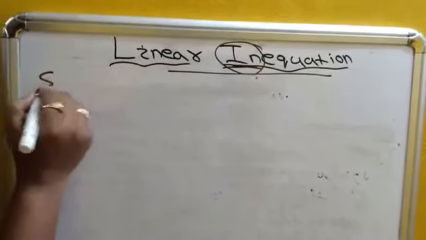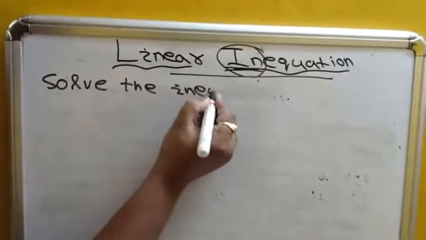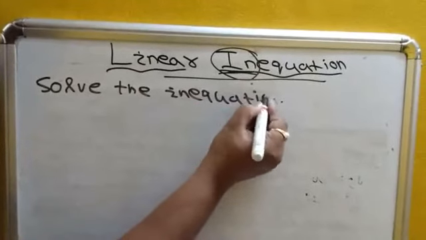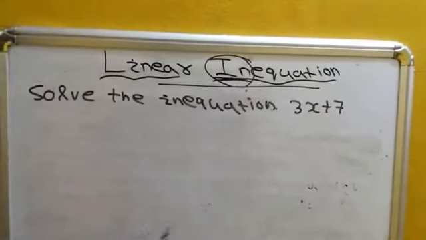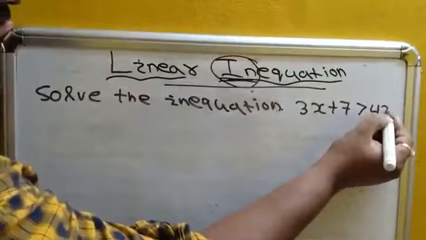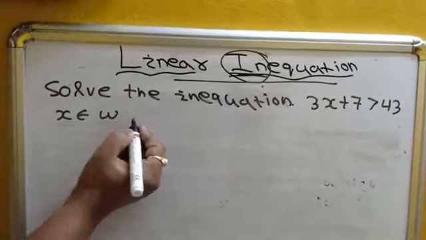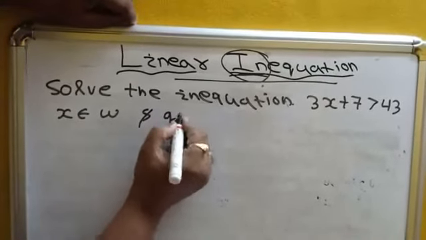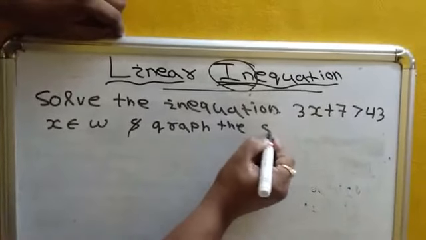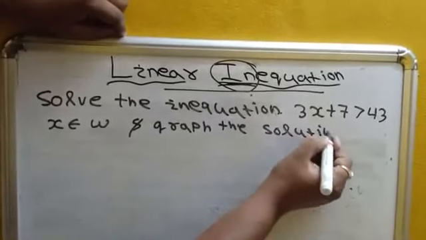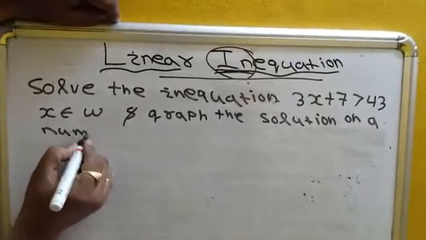Now solve the inequation 3x plus 7 greater than 43, x belongs to W, and graph the solution on a number line.